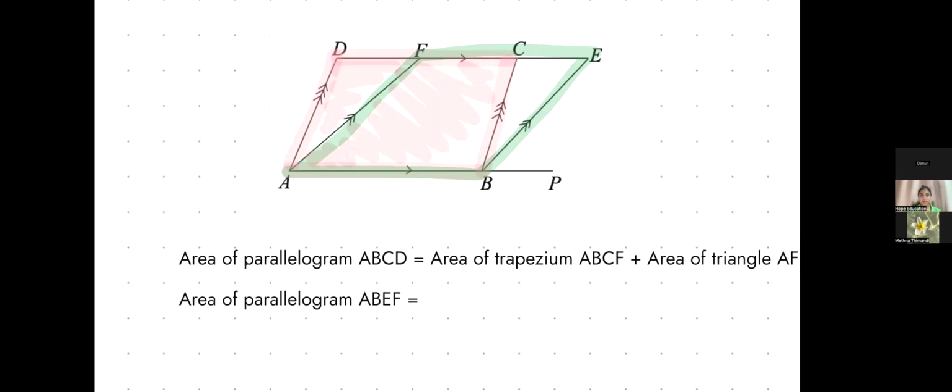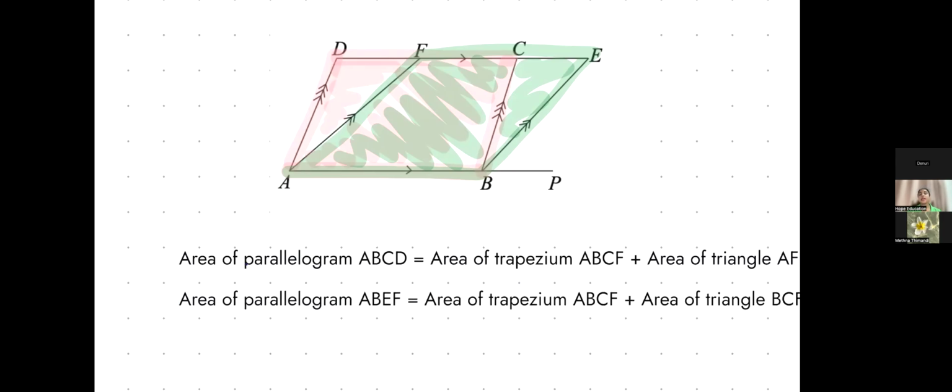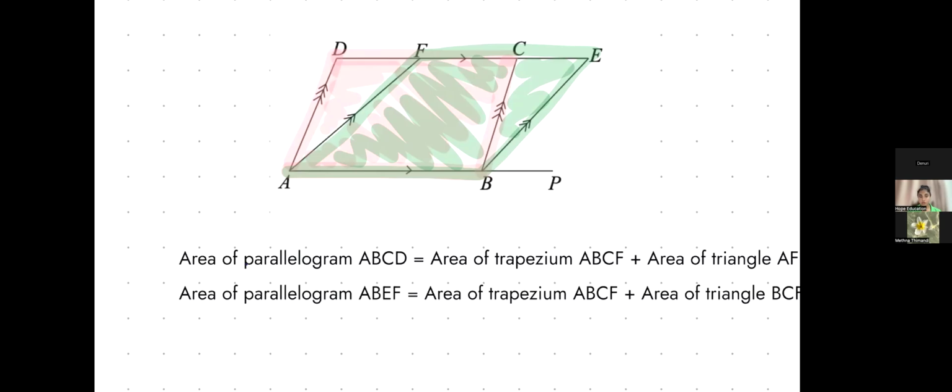The same trapezium ABCF is there. In addition to that, this triangle BCE is also there. So area of parallelogram ABEF is area of trapezium ABCF plus area of triangle BCE. Okay, that is how you get the area of that parallelogram.